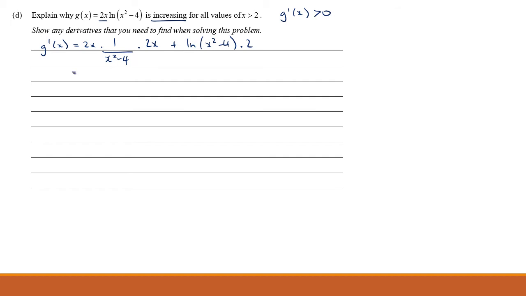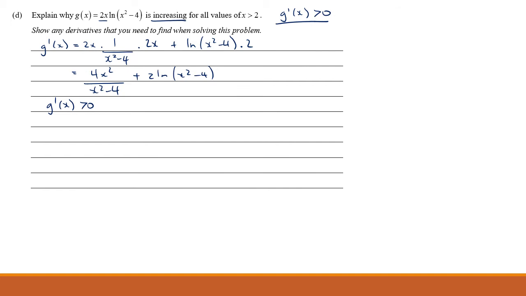Now if I just tidy this up a little bit, that'll be 4x squared over x squared minus 4 plus 2 log(x squared minus 4). Now I'm going to look at that. Originally I could try and solve that to be greater than 0, but it's going to be quite tricky.